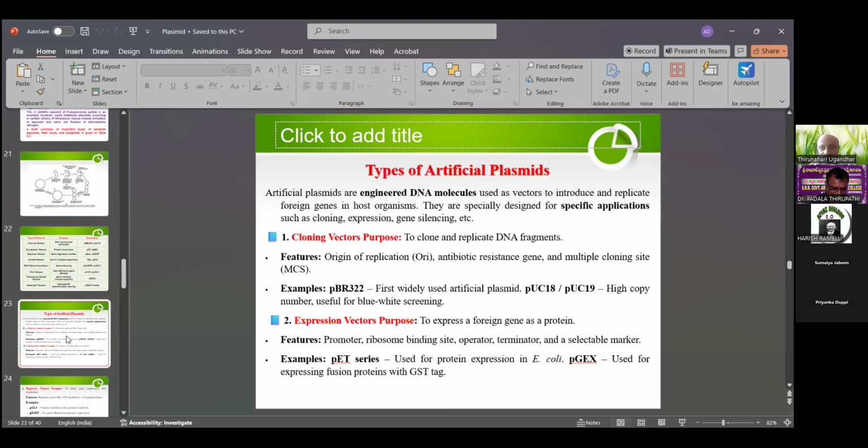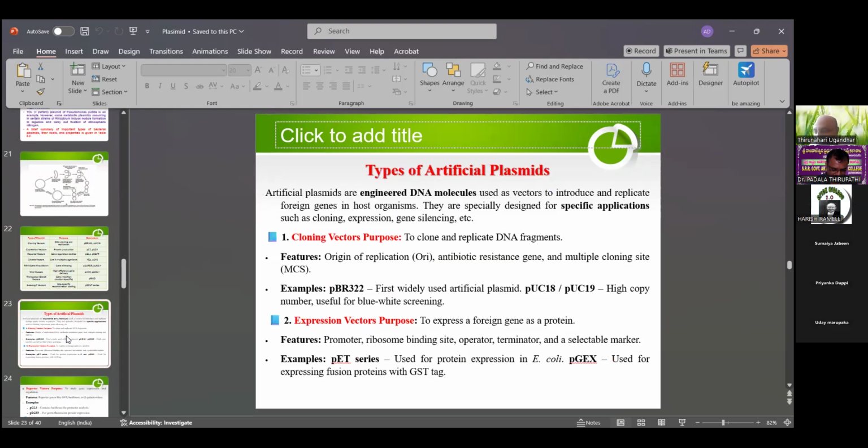These are the types of artificial plasmids. Artificial plasmids are engineered DNA molecules used as vectors to introduce genes for replication. Biotechnologists and biochemists prepare this artificial DNA, which is called artificial plasmids.